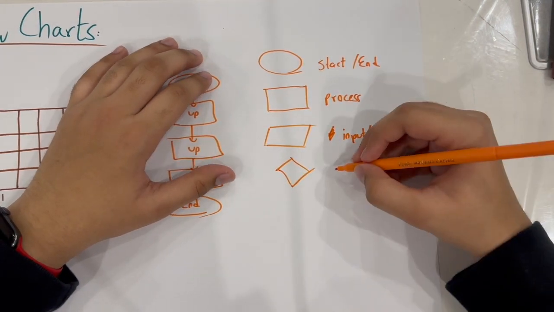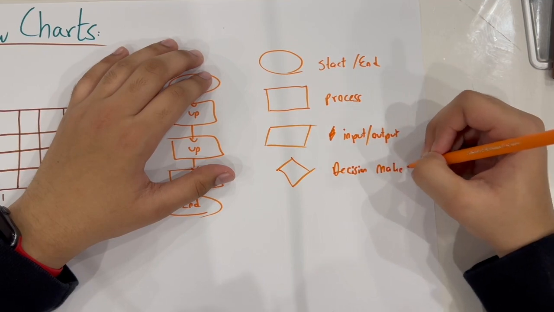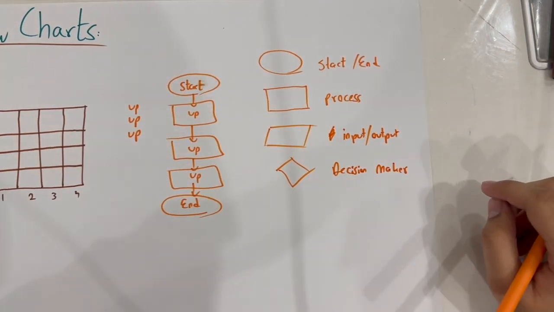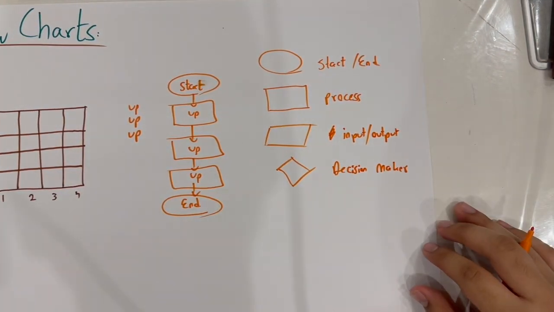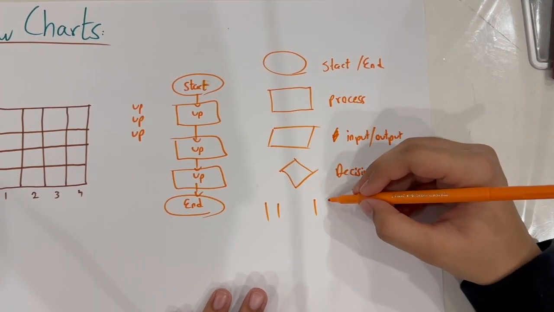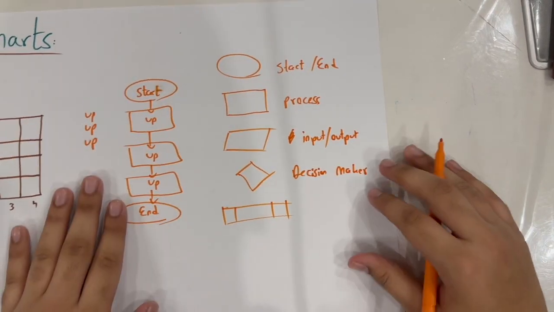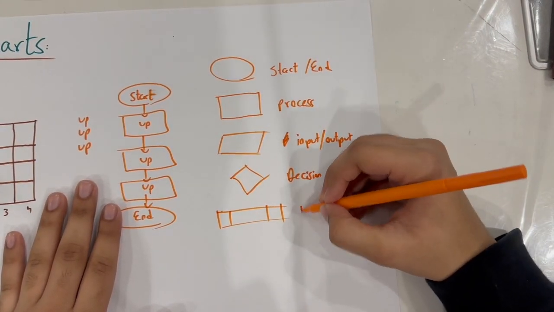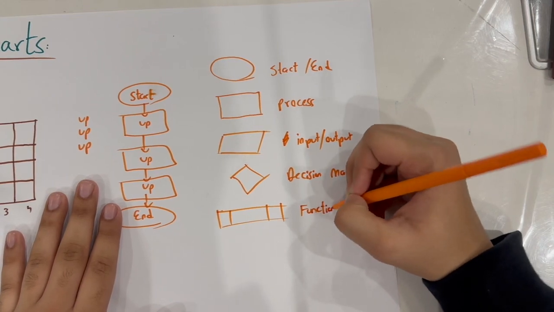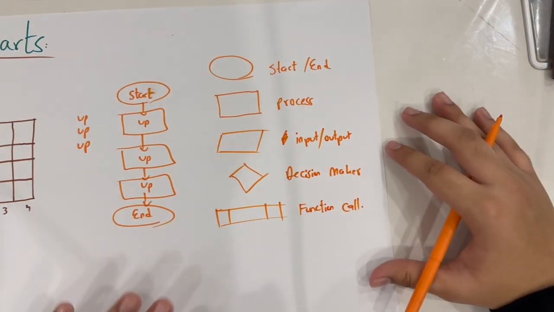And this is essentially the decision maker. You can make decisions with this. And then we've got a fifth one, which will be used way later in the video series. But for now, let me just tell you that this is called a function call.